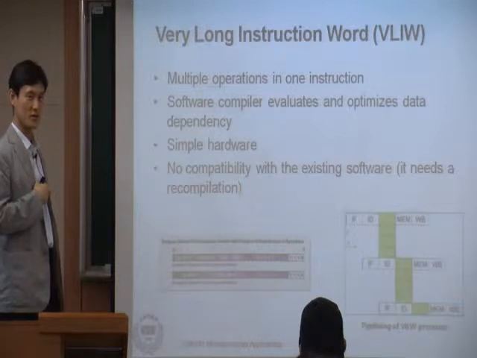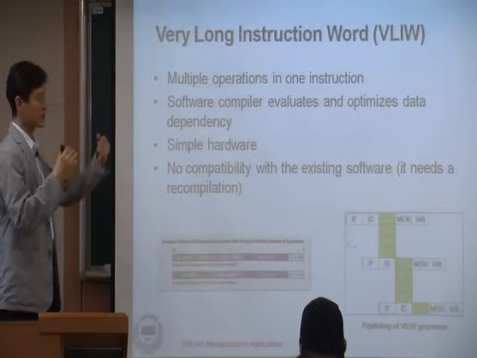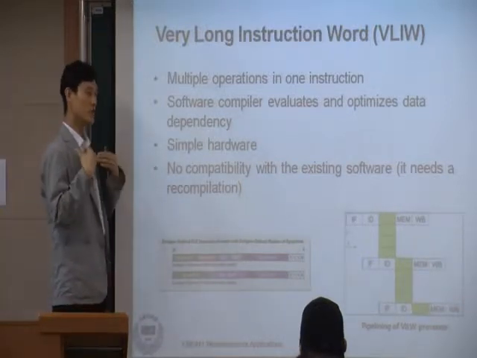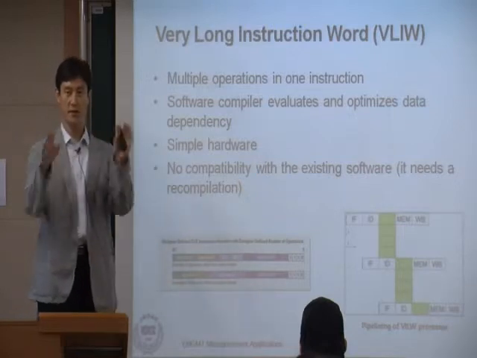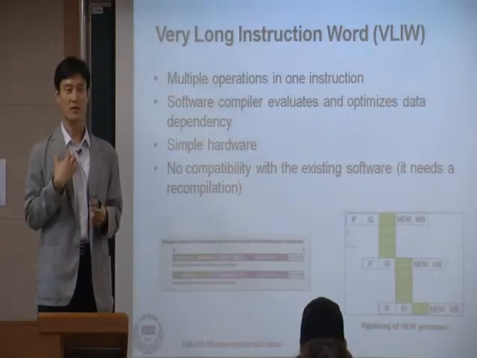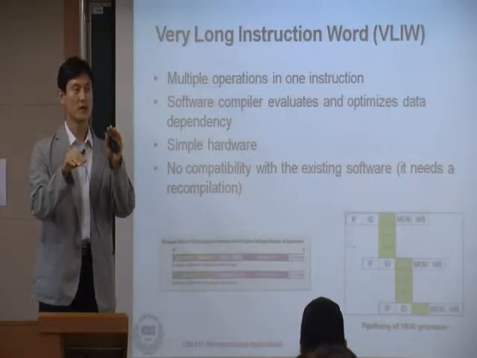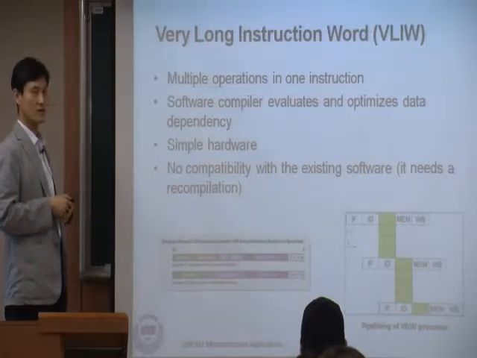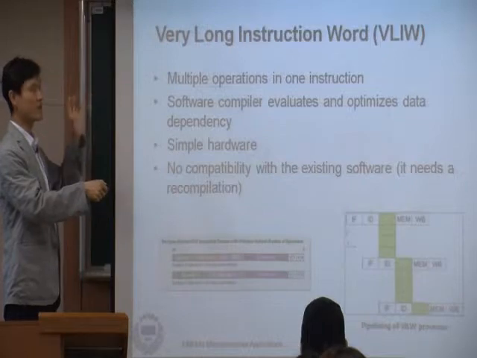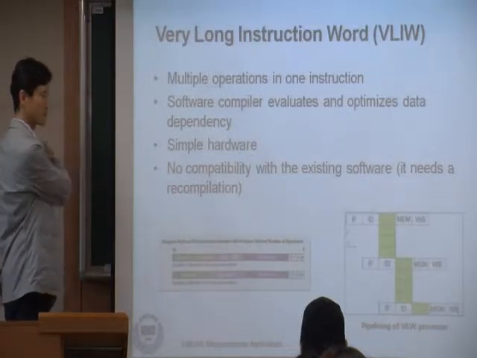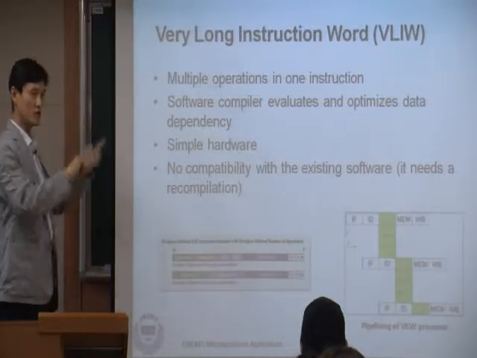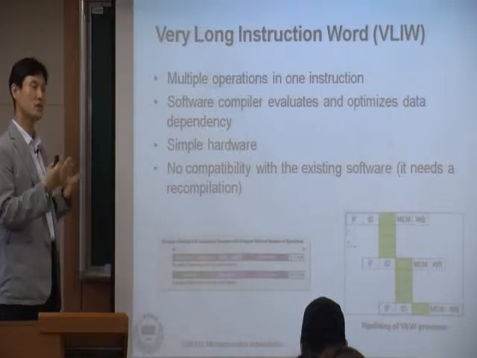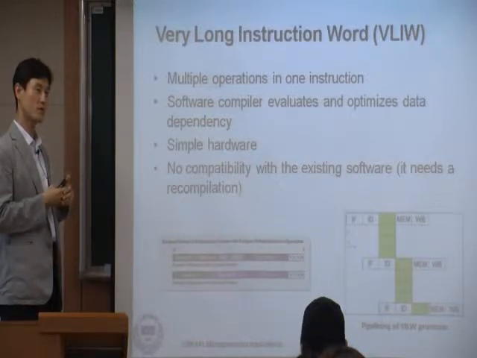What needs to be changed? Think about it. When I write the assembly program, as a programmer, should I write a different program for this processor? This is one type, the VLIW processor, and there's the regular processor. There are 2 different processors. So should I write a different assembly program?